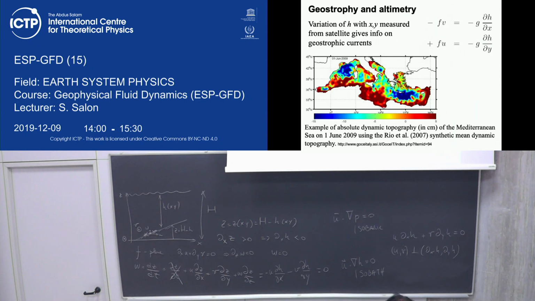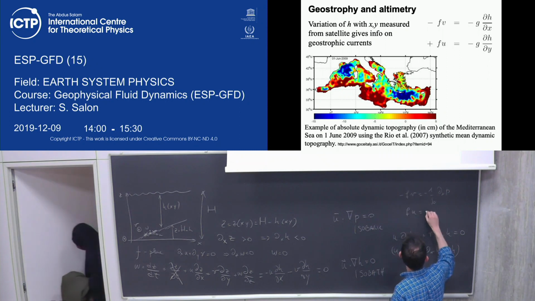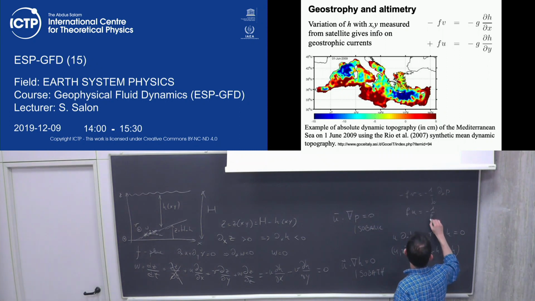So this can be very nicely seen if you take the geostrophic solutions, which are minus Fv equal to minus 1 over rho 0 the xp and Fu equal to minus 1 over rho 0 the yp.